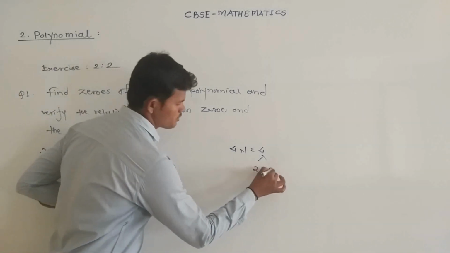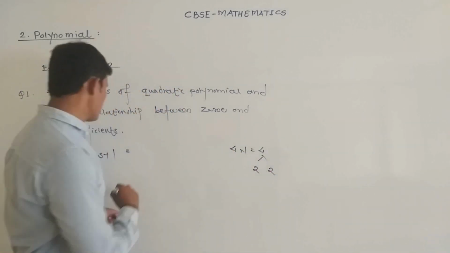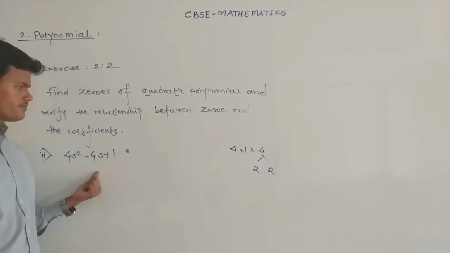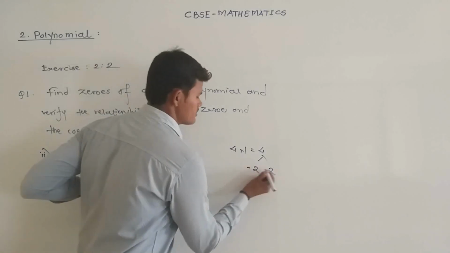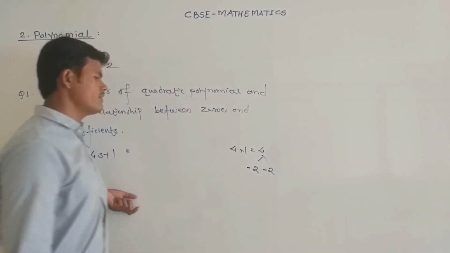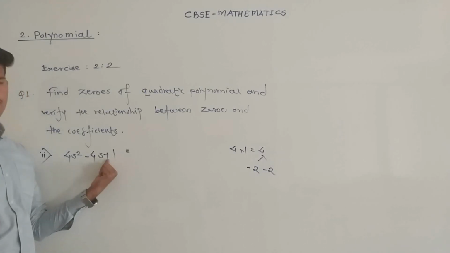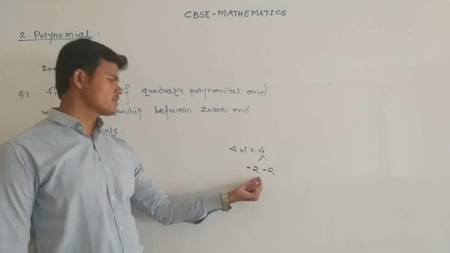So it's simply 2 twos are 4, 2 plus 2 is 4, but we want sum as minus 4. For that use sign minus for both the factors. If sum is negative and product is positive, then both the factors are negative.